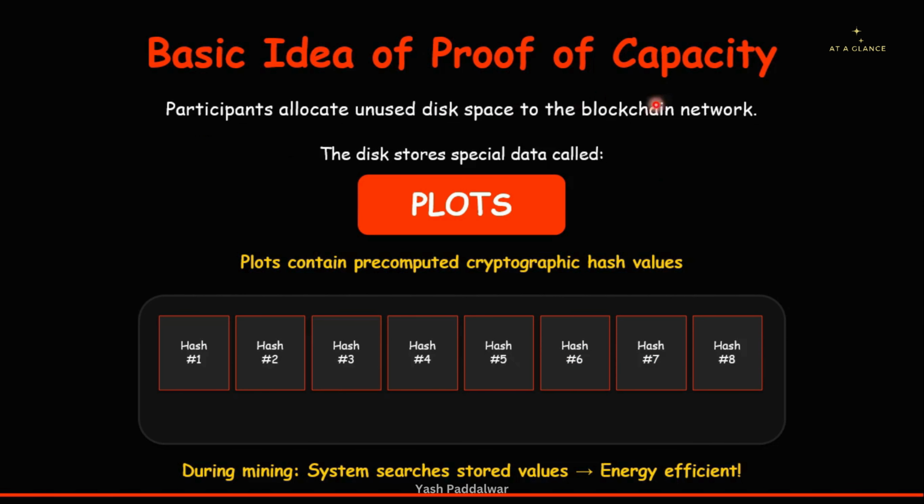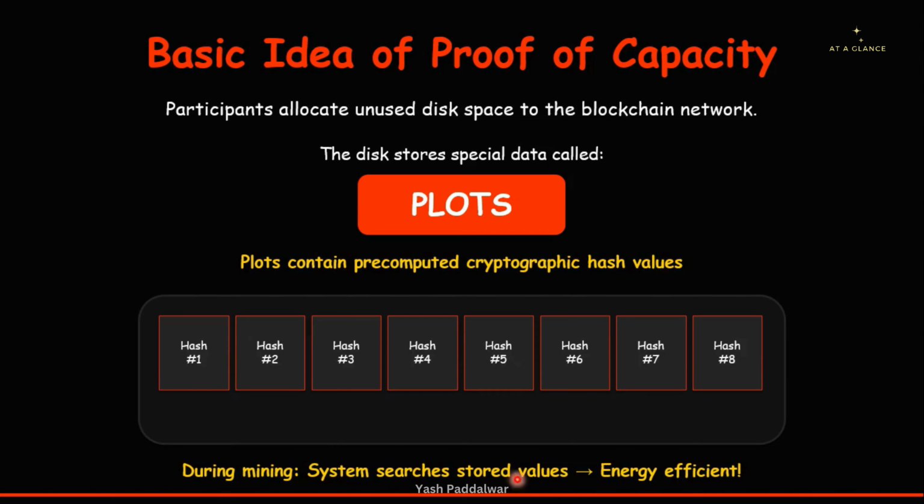The basic idea behind proof of capacity is that participants allocate unused disk space to the blockchain network. This disk space stores special data called plots. Plots contain pre-computed cryptographic hash values. Instead of calculating the hashes repeatedly like in proof of work, these hash values are already stored on the disk.